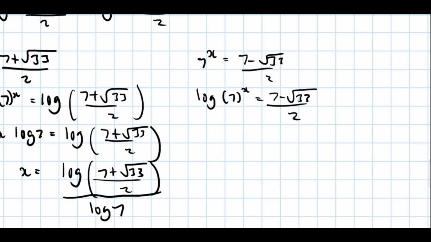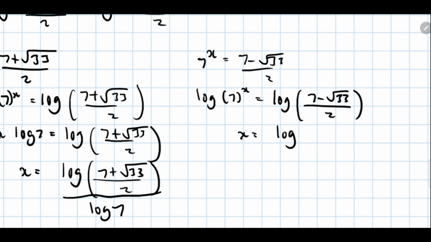Okay, so placing log on both sides like this, you can solve for x, which is log of (7 minus square root of 33) over 2, divided by log 7.